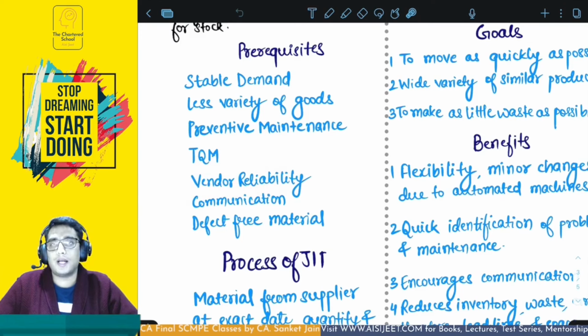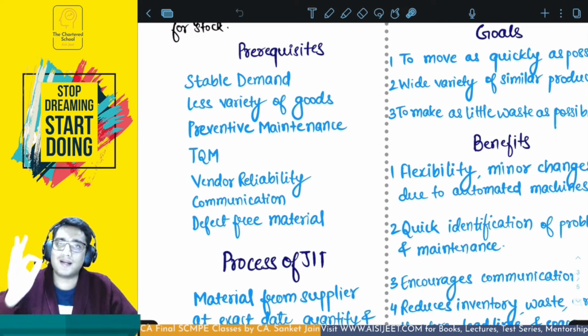The vendor has to be reliable in terms that the vendor will provide you with the kind of goods, as in the quality of goods that you require, and that they will deliver it on time and in the exact quantity. Okay, so what we need from vendor is that they deliver the component or the resources to us on time so that we can use it for production.